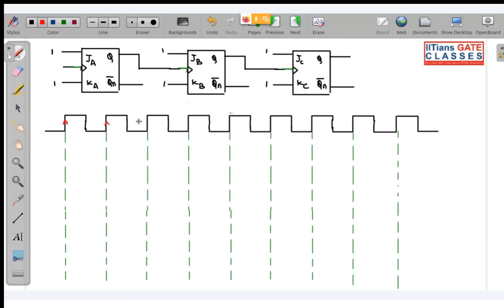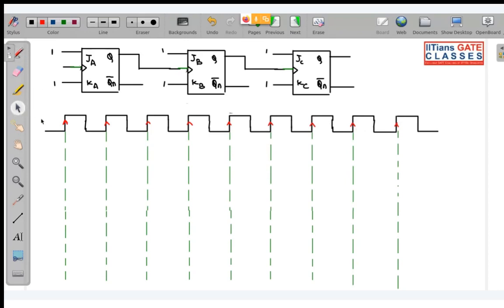So these are all the positive edges of the clock. Now, if you have not noted, it's okay. You can note it later on. I will give you time to note.